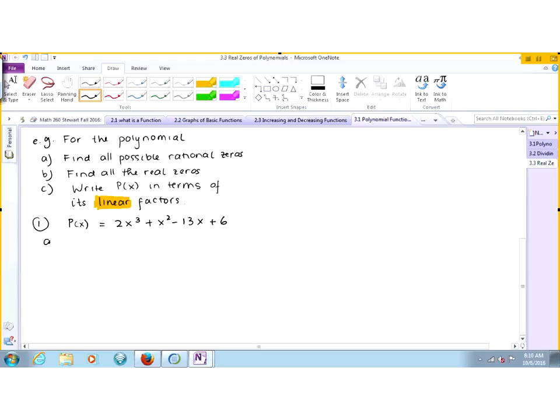All right. So A. What are the potential rational zeros or possible rational zeros? Yeah, so what is it? How do I answer this?